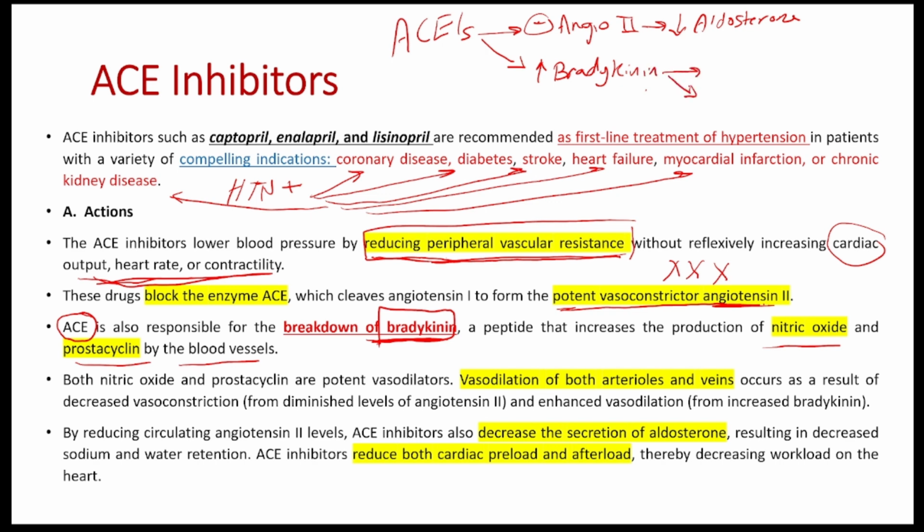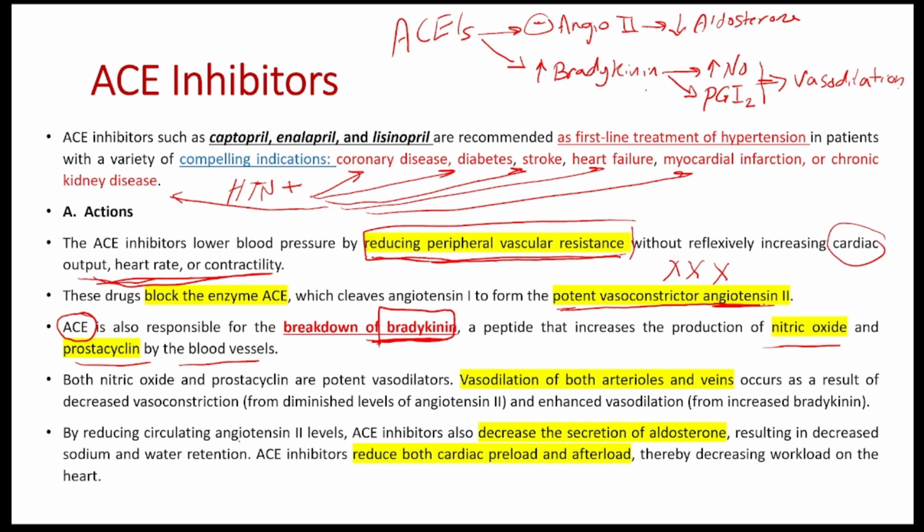This will lead to enhanced formation of nitric oxide and prostacyclin, which means prostaglandin I2, and this will lead to vasodilation. That's great. So as you can see here, we have several mechanisms of action related to the ACE inhibitor.